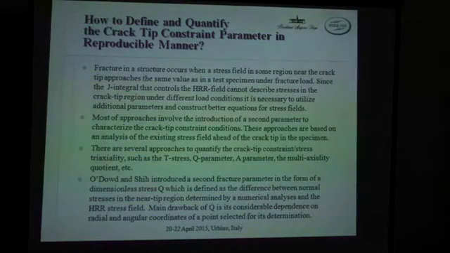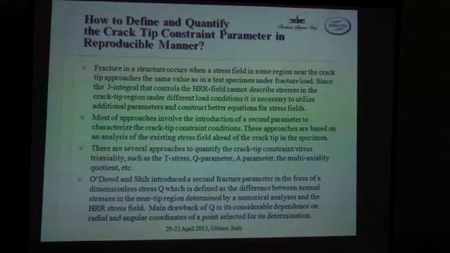The question is how to define and quantify the crack tip constraint parameter in a reproducible manner. Fracture in a structure occurs when the stress field in some region near the crack tip approaches the same value as in the test specimen under fracture load.